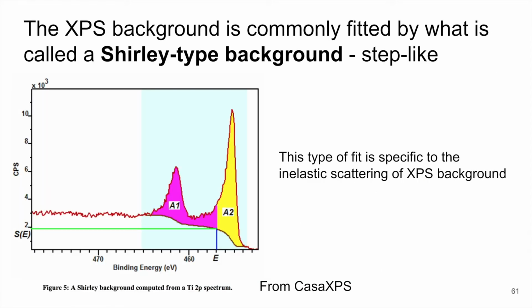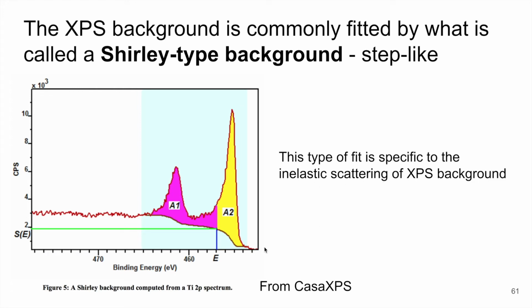So we have a different background than maybe we're used to. When you're doing the fitting process and trying to get peak identification and peak areas and things like that, the background that we use is not going to be a standard linear background or something that you may be used to in other applications. It's actually known as a Shirley-type background, and this models that step from the inelastic scattering.